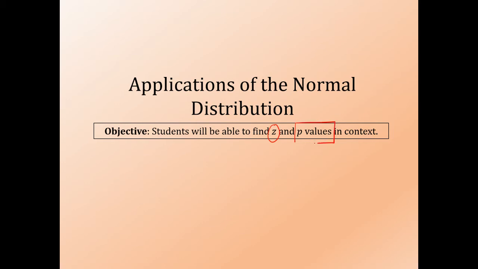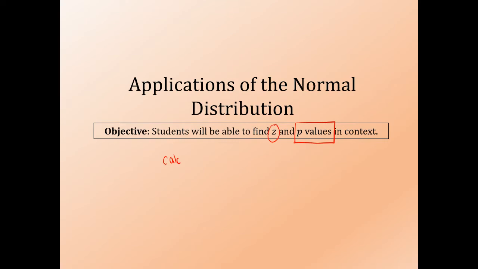You even did an extension where you made a connection to where you're going with this in calculus, the area under the curve, as well as how you can use the calculator functions to figure out the p-value. And if you're given the p-value, the probability or the area under the curve, actually finding the z-score and finding the score.